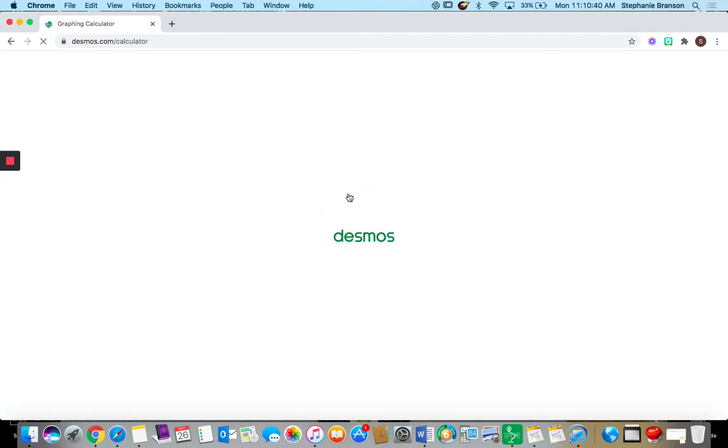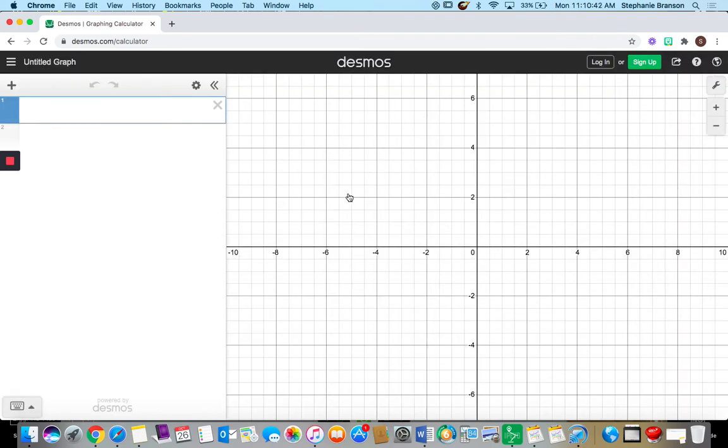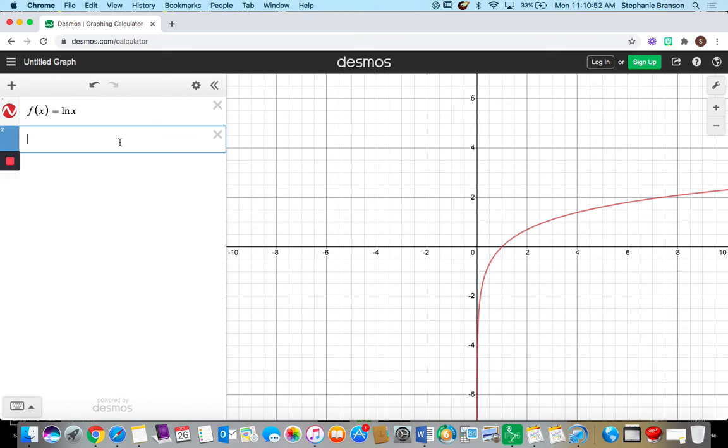All right, they want us to describe how our graph compares to the graph of f of x equals the natural log of x. So the first one I have is f of x equals natural log of x plus 4.